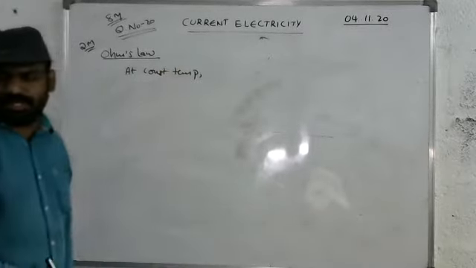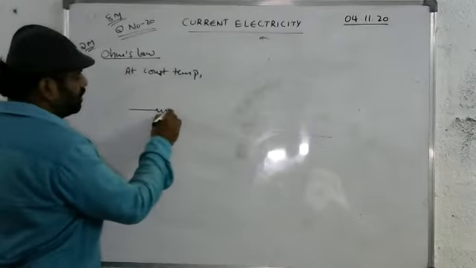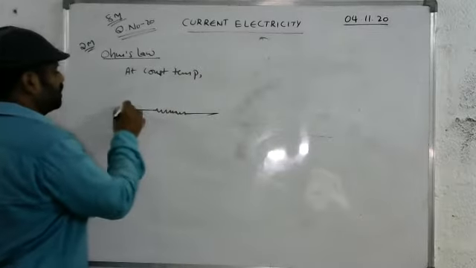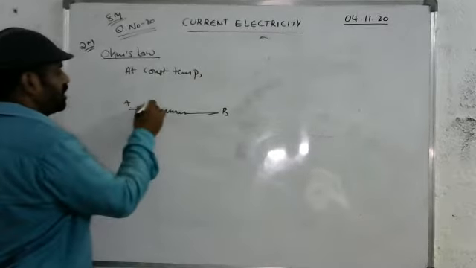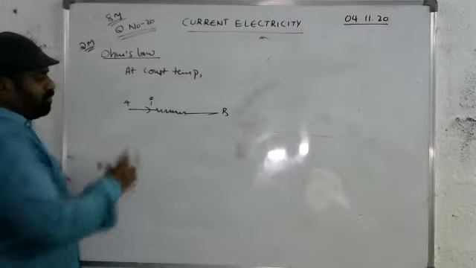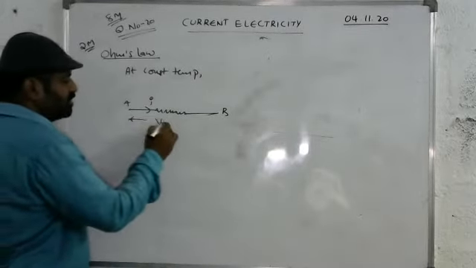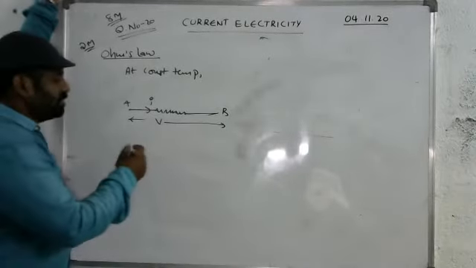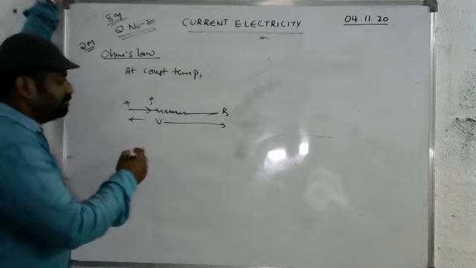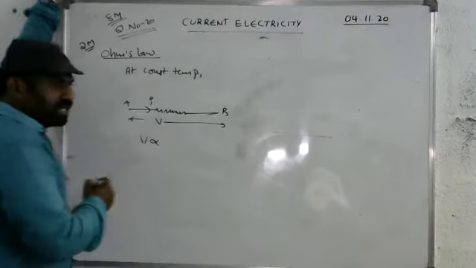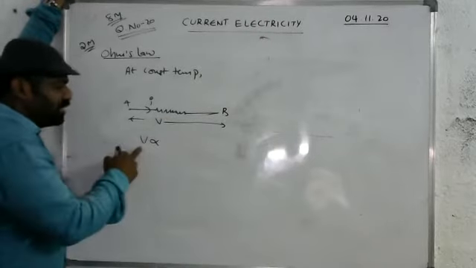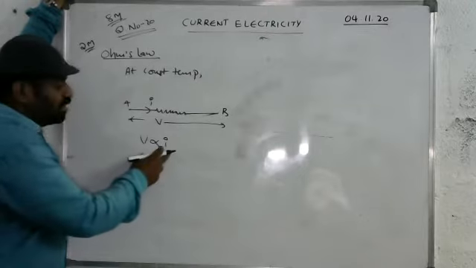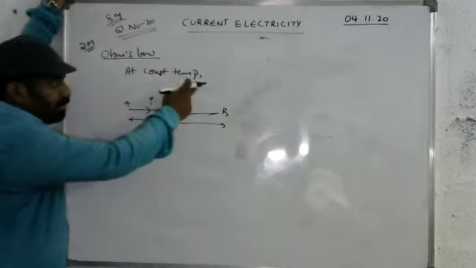Suppose you take a conductor or resistor, whatever it is, this is A and this is B. The current I is passing from one end A to B when the potential difference is V. So we can define Ohm's law as: the potential difference across the ends of the conductor is directly proportional to the current passing through it.